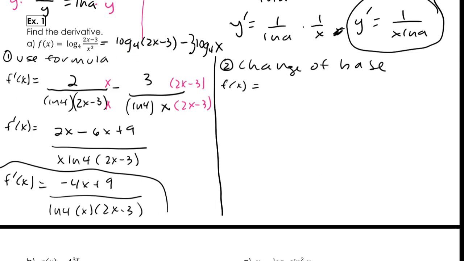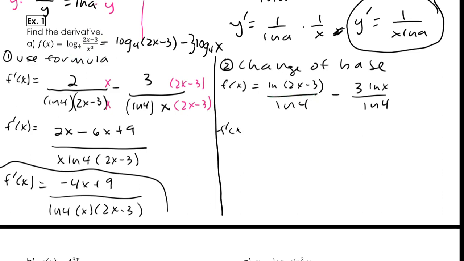Remember, base on the bottom. So it's natural log of 2x minus 3 over natural log of 4. The next one, 3 is a coefficient, and then it's natural log of x over natural log of 4. By doing this, I no longer have to memorize the formula that told me how to take the derivative of base 4. Now I'm just going to use base e.